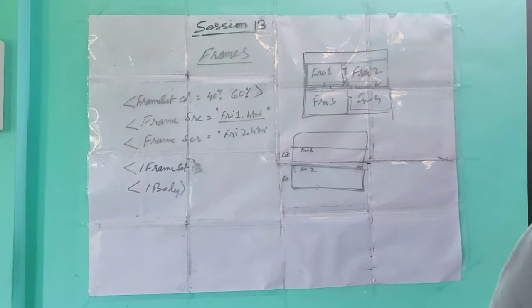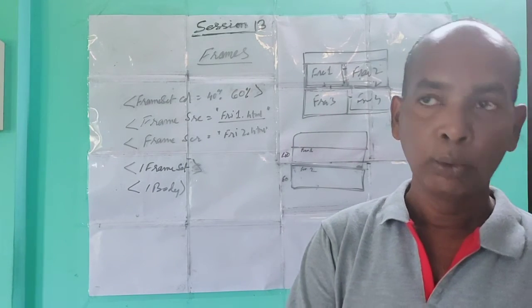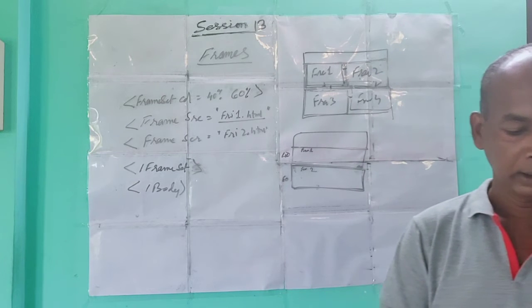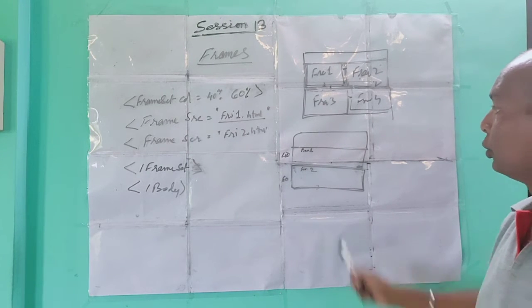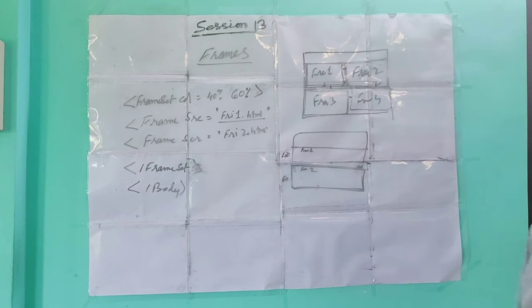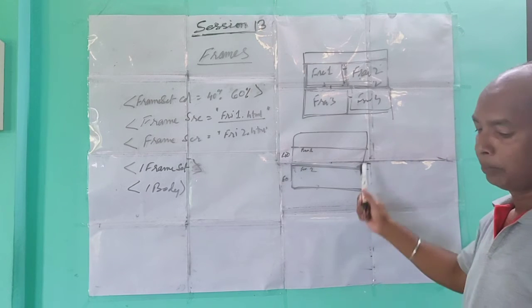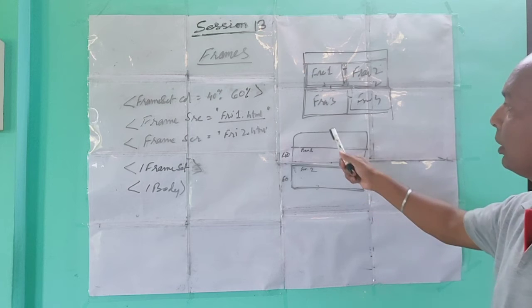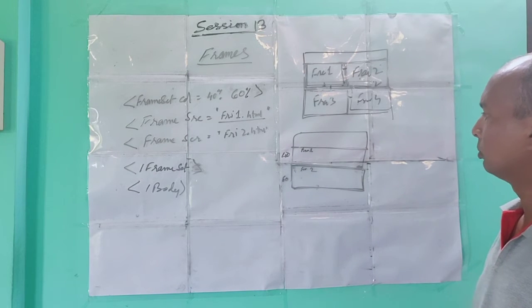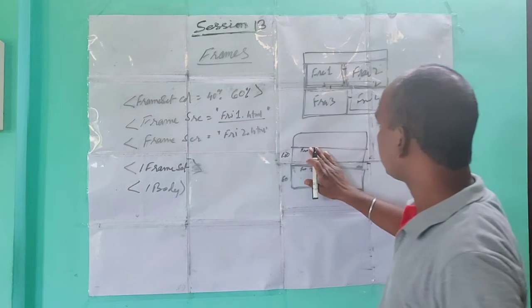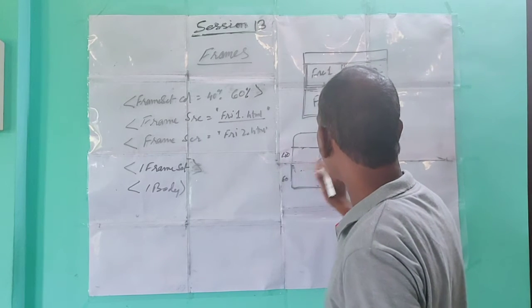Okay. Now you see some important points here. The frameset tag is used to declare multiple frames divided on the basis of column. Sorry, my one mistake, it should be column.